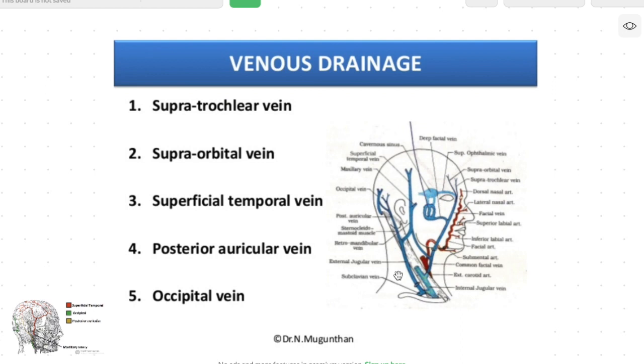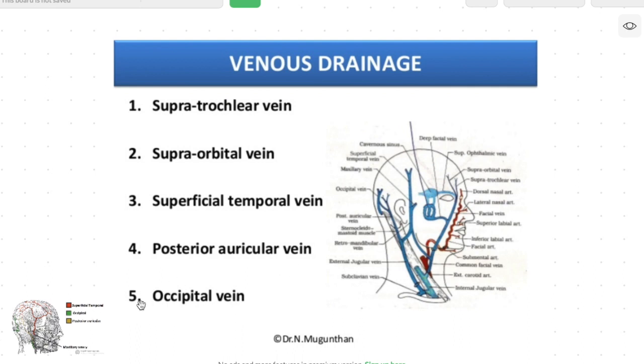In that sense, in the superficial drainage we have five main branches: your supratrochlear vein, your supraorbital vein, your superficial temporal vein, your posterior auricular vein, and your occipital vein.